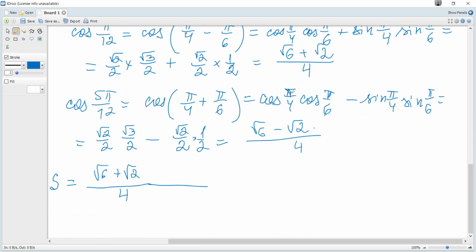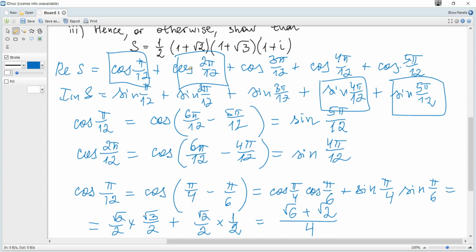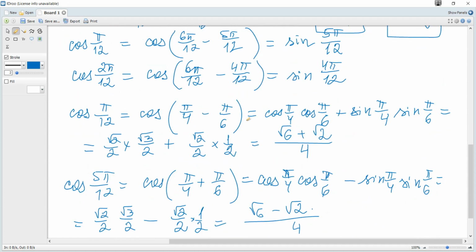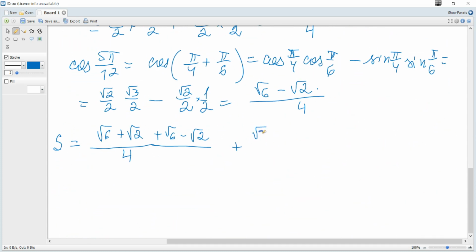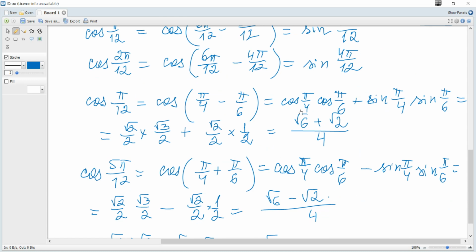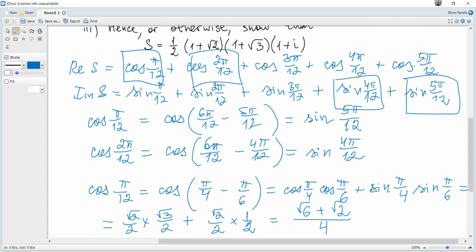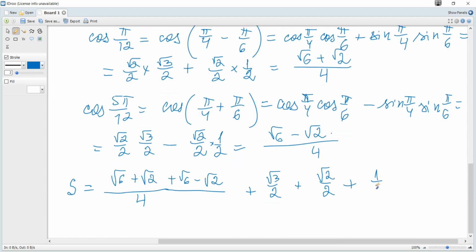Now let's write cosine of pi over 12, which is root 6 plus root 2 over 4, plus cosine 5 pi over 12, which is root 6 minus root 2 over 4, plus cosine of pi over 6, which is 30 degrees, root 3 over 2, plus cosine of pi over 4, which is root 2 over 2, plus cosine of pi over 3, which is 60 degrees, a half.